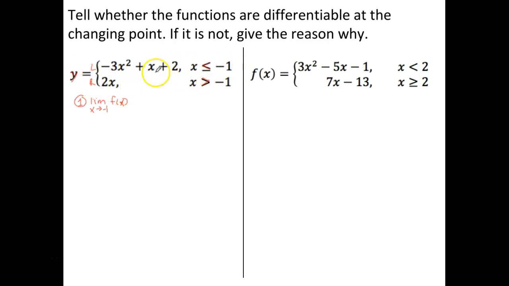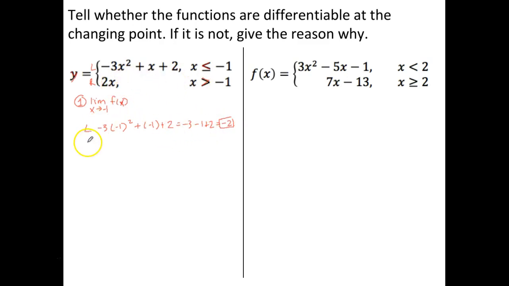Okay, so let's plug in for the left. Let's plug in -1. So -3 times -1 squared plus -1 plus 2. That'll give us -3 minus 1 plus 2, which is -4 plus 2, -2. So from the left-hand side, we're approaching a y value of -2.